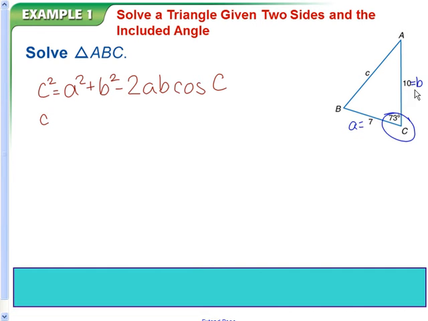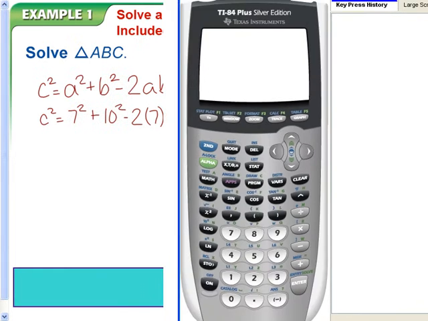So let's plug this all in now. C squared equals 7 squared plus 10 squared minus 2 times 7 times 10 cosine of 73. Now you can take out your calculator and plug it in just as it's shown there.